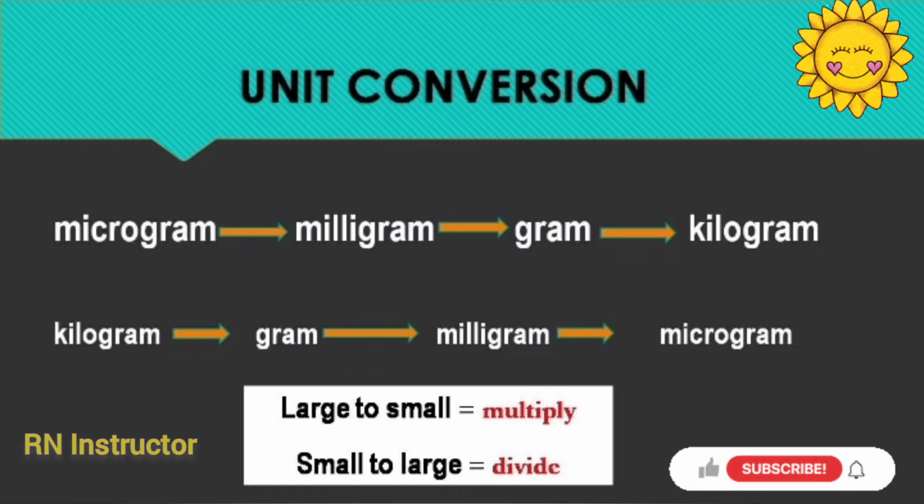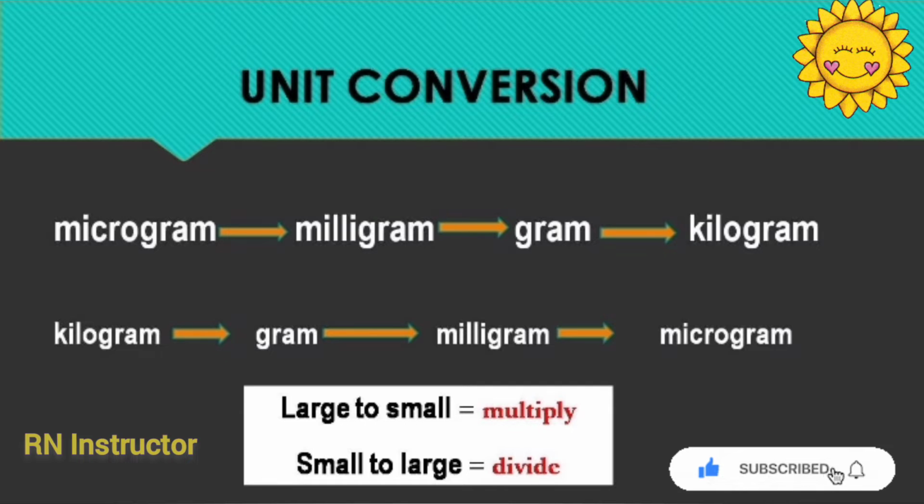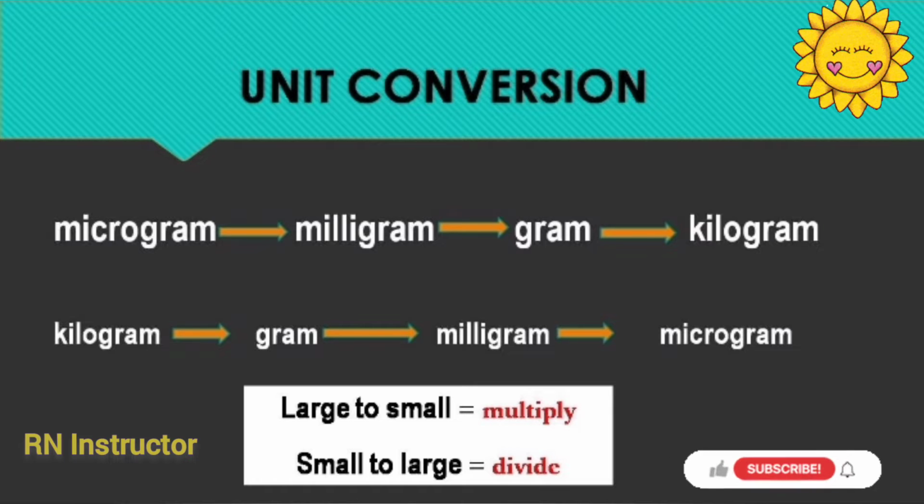So from the larger unit to the smaller unit we need to multiply, whereas to get from the smaller unit to the larger unit we need to divide. Just keep in mind, multiplication and division.